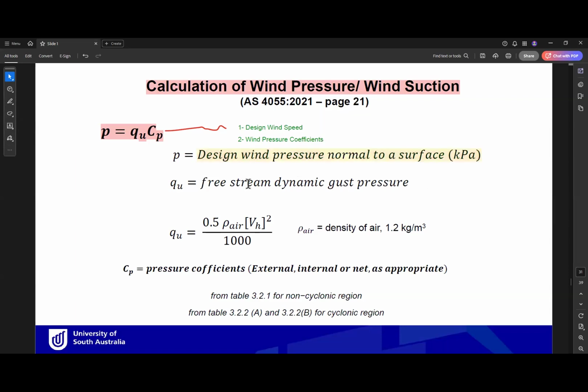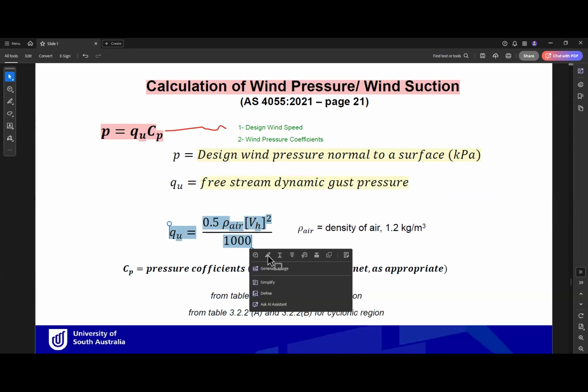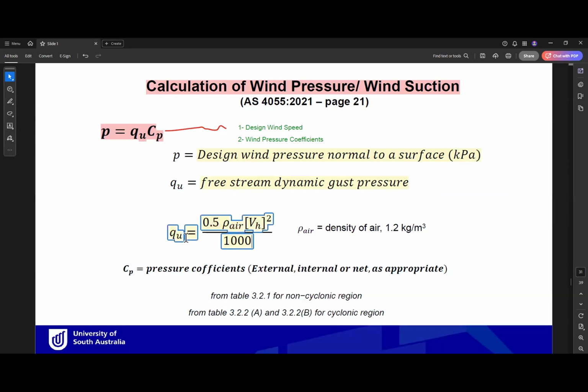And q_u is the free stream dynamic gust pressure. This gust pressure is calculated using this formula here: q_u equal to 0.5 rho air times V_H squared divided by 1,000.